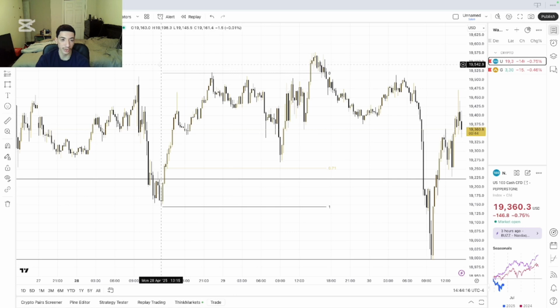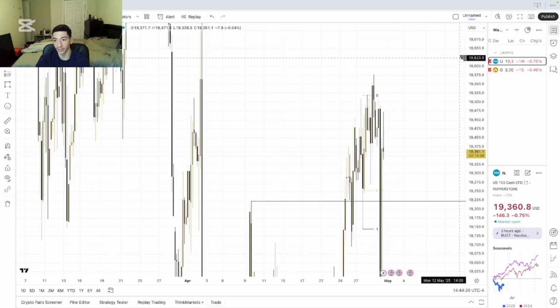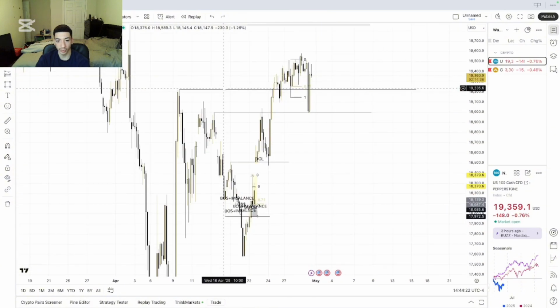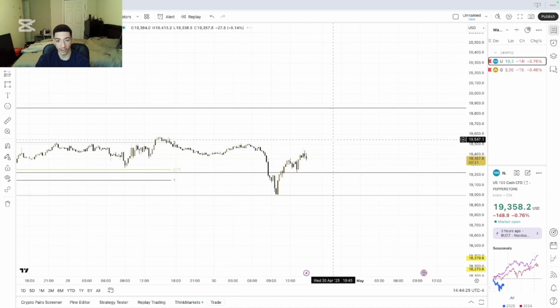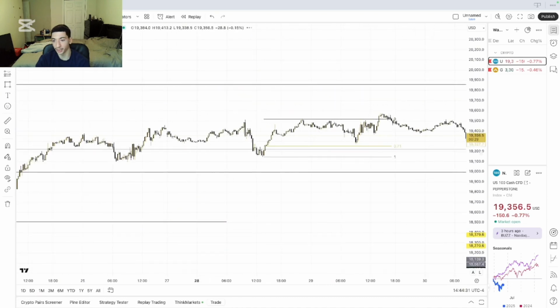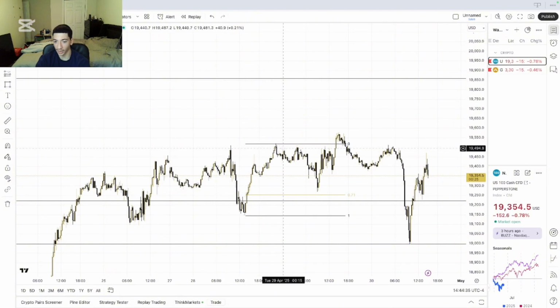But the reason I didn't take this is one, we were in pretty premium pricing on this range. We were pretty much at the top. And two, it did not break any structure, which is a major confluence for me. As you can see, it just swept the high. That's not a break of structure for me. Some people will call this a break of structure with wicks, but that's more of a sweep for me.